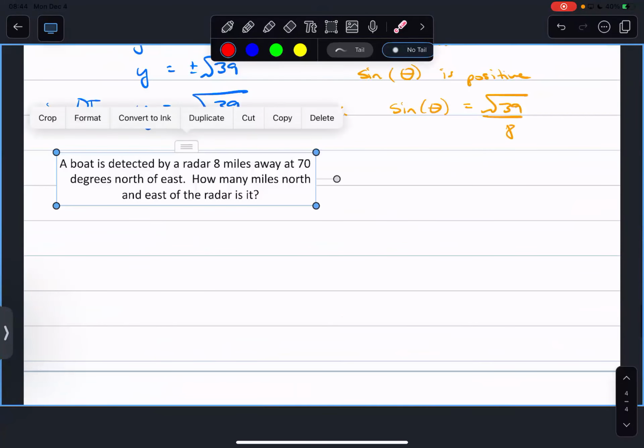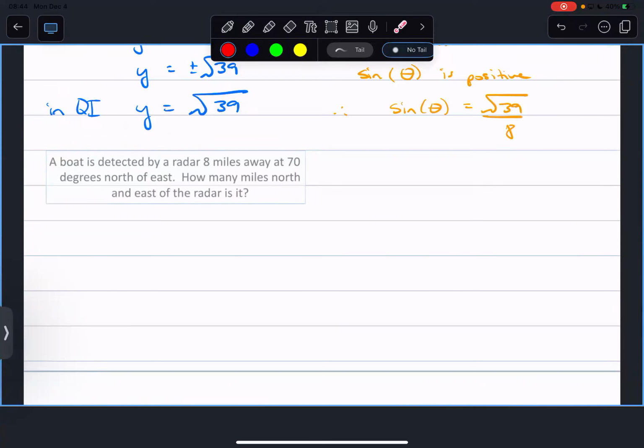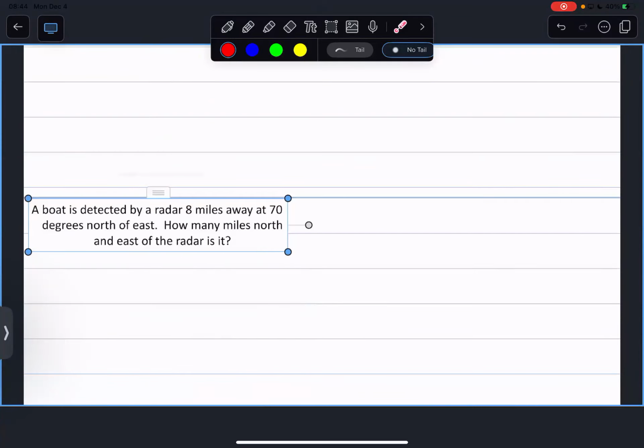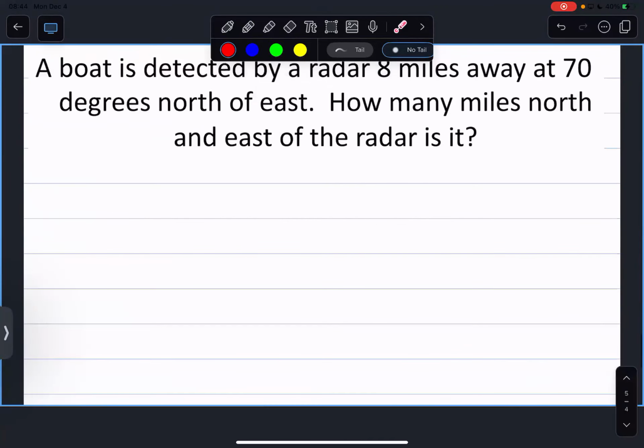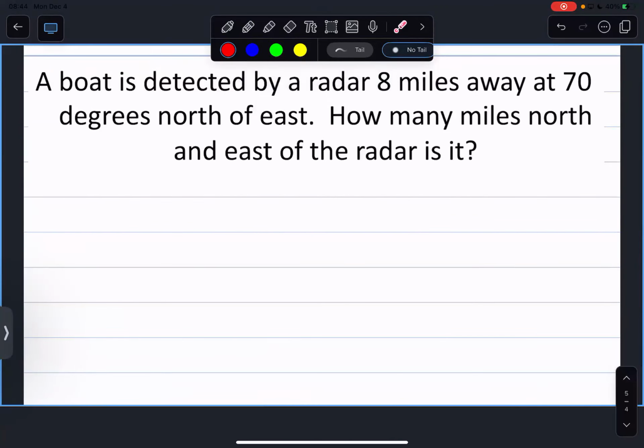How about a word problem? I know you guys love those. Start on a fresh page here. A boat is detected by radar 8 miles away at 70 degrees north of east.